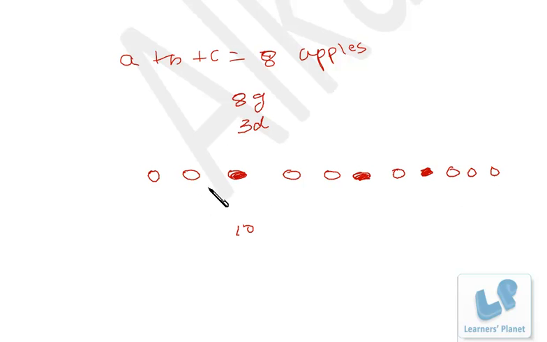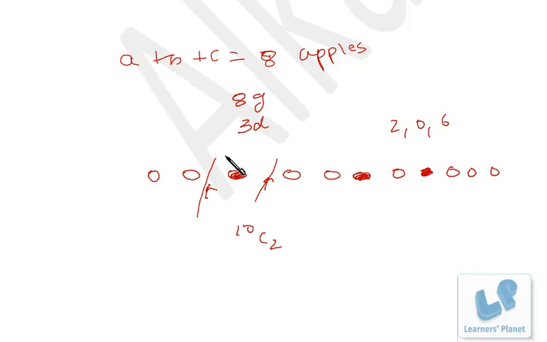If you select 2 gaps, maybe suppose this and this, you'll be getting 3 partitions, right? If you select this and this, what you'll be getting? A is getting 2, B is getting 0 and C is getting 1, 2, 3, 4, 5, 6, right? So 2, 0, 6 is a solution. Now you can rearrange these 8 good and 3 dummy apples.